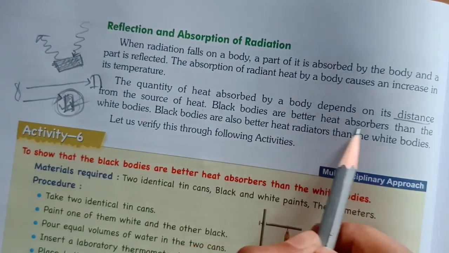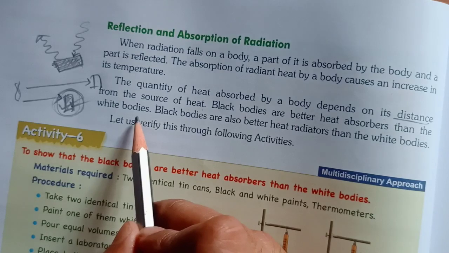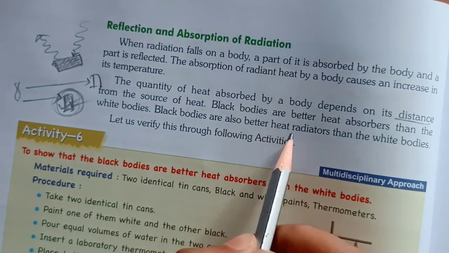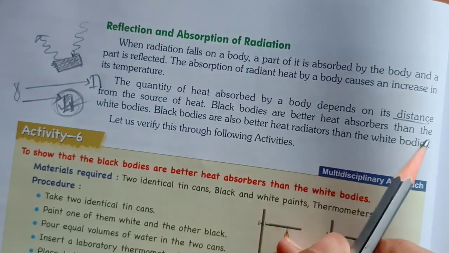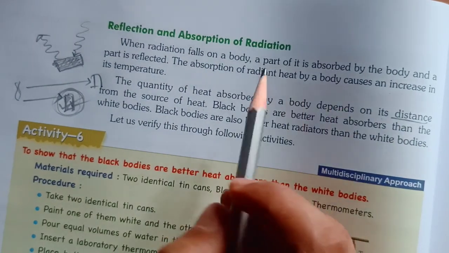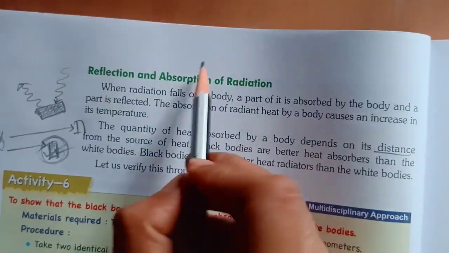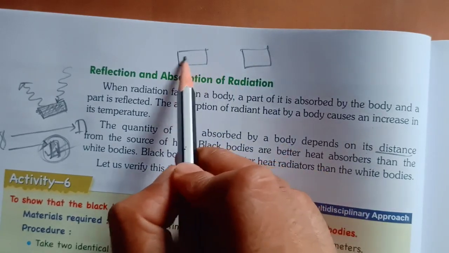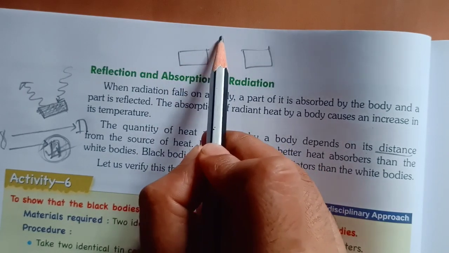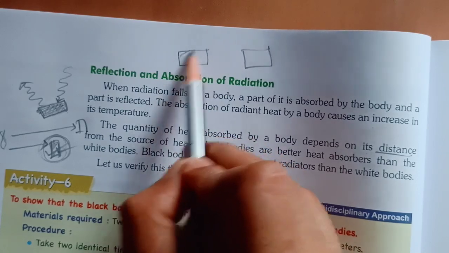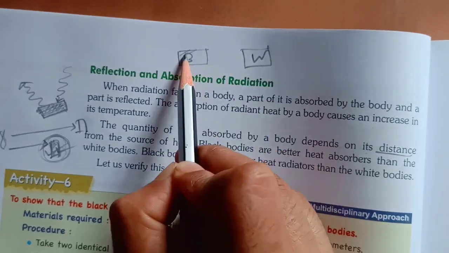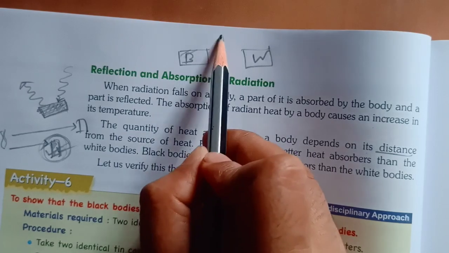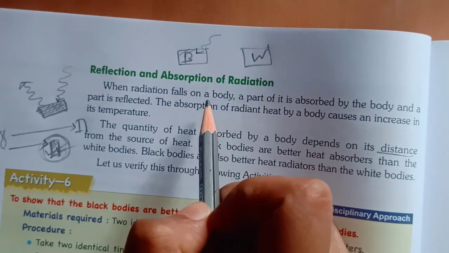Black bodies are better heat absorbers than white bodies. Black bodies are also better heat radiators than white bodies. If we take a white body and a black body, this is B, this is W. The black body will easily absorb the heat compared to white.